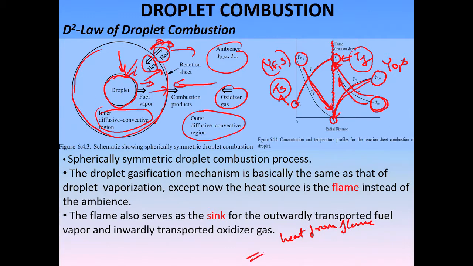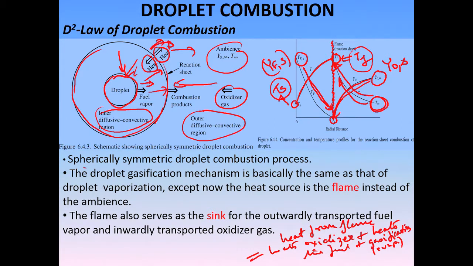First and foremost, what does it do? It first heats the oxidizer, right. It also heats the fuel, plus it aids in the gasification. Gasification is basically nothing but evaporation, got it. So, that is the purpose of the heat source, got it.